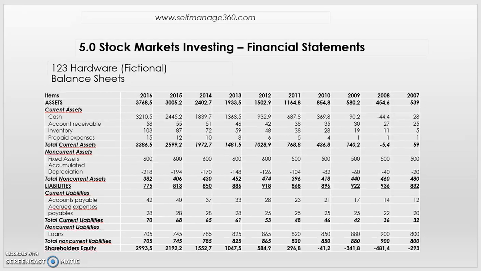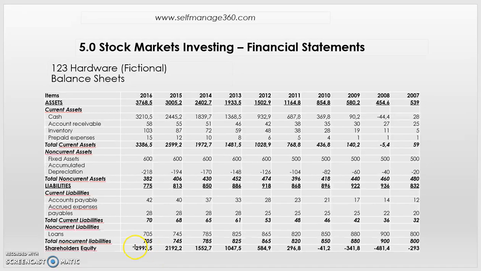The balance sheet is often a list of items that are considered as assets and liabilities. The name balance sheet comes from the fact that if you add up the value of the current assets, which we'll discuss later, plus the non-current assets, it should add up to the same value as the total liabilities, which is the current liabilities plus the non-current liabilities, plus shareholders' equity.